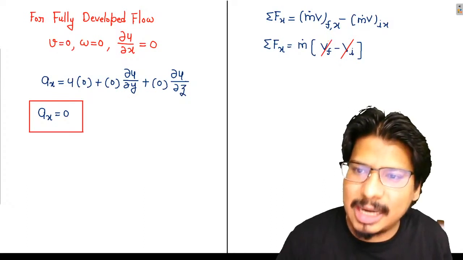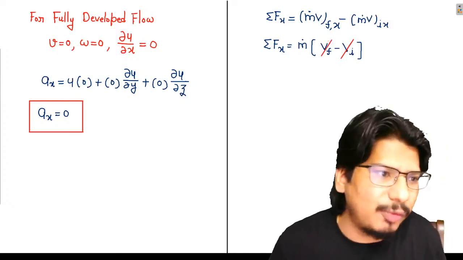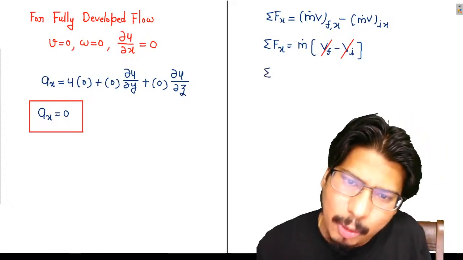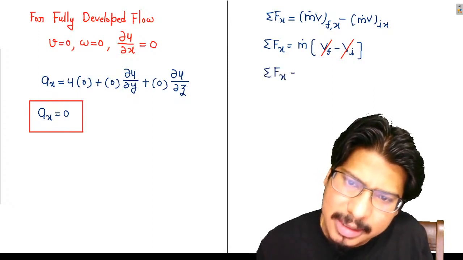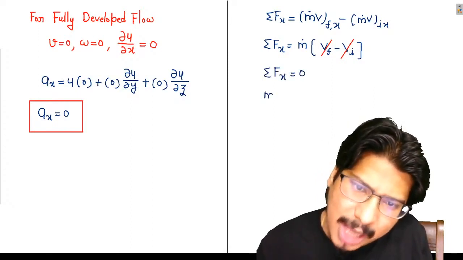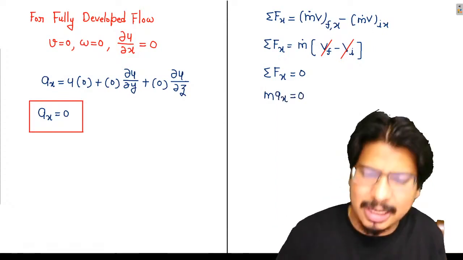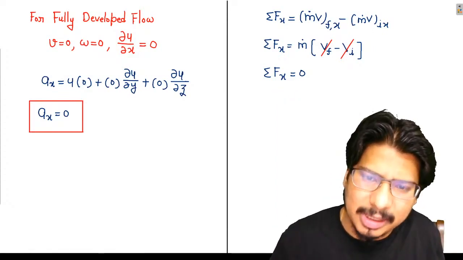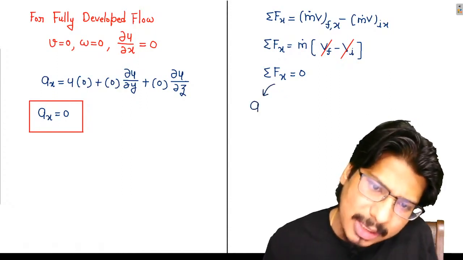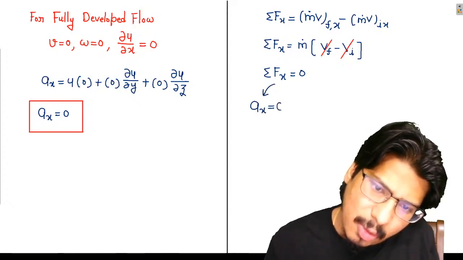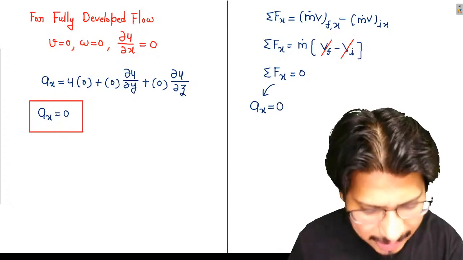If this is getting cancelled, then 100% the net force in X direction must be 0. If the net force in X direction is 0, what is the meaning of net force, beta? Mass into acceleration is 0. So of course AX will be 0. If the net force in X direction is 0, that means AX will be 0.